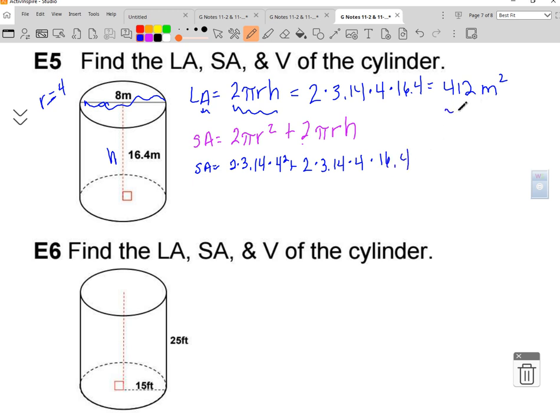You can kind of see exactly where they go then. You may be tempted, and sometimes different problems will tell you to do it differently, to find 2B, find the lateral area, and then add them together, and that is an approximation, but we want to be a little bit more precise than that.